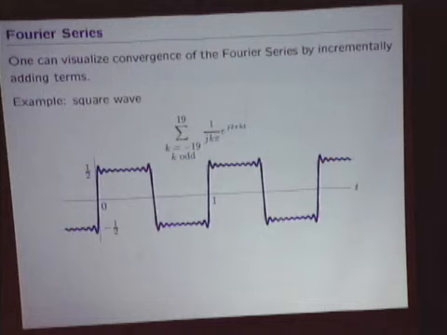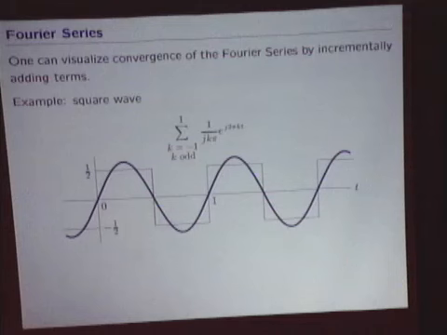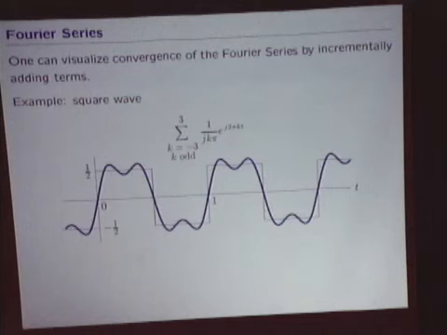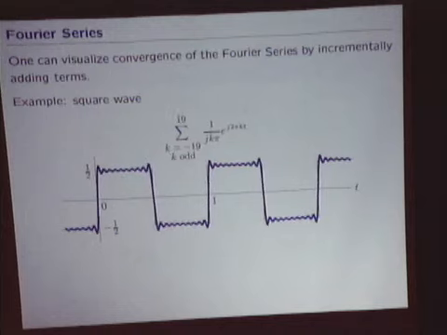I threw in 5 again. 29, 39. It's not doing as well. What's not doing as well? Right, so we go one term partial sum, 2, 3, 4, 5, 10, 15, 20.